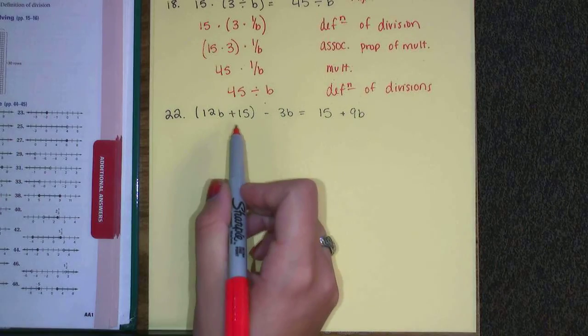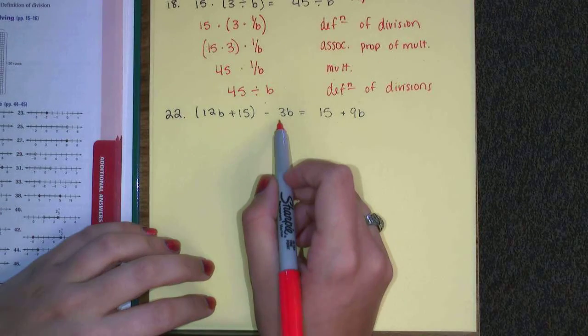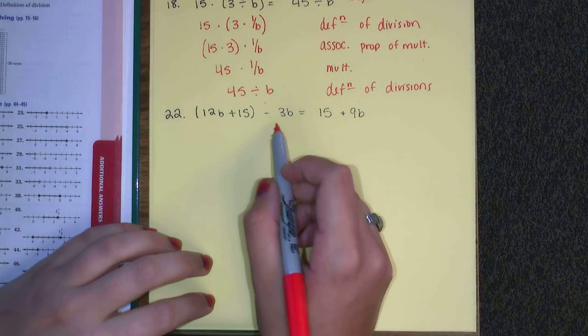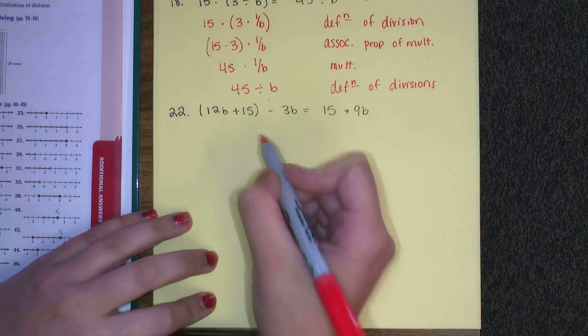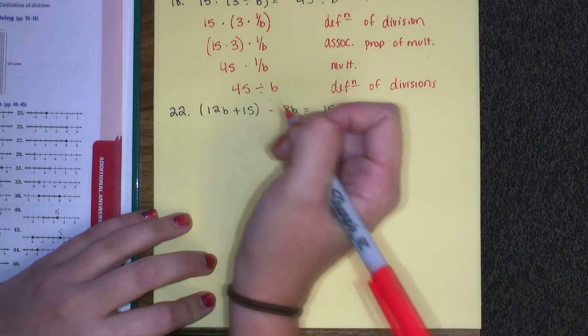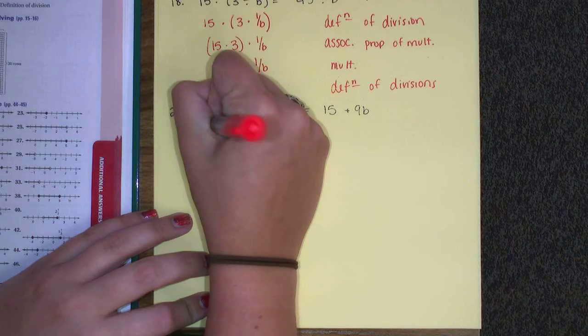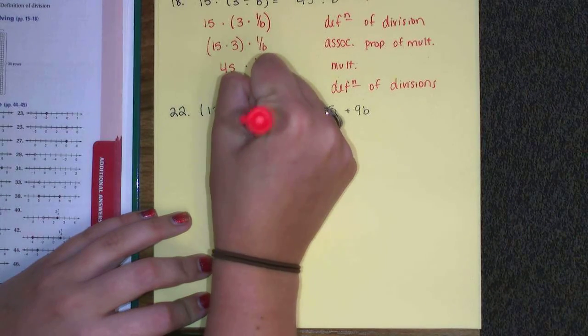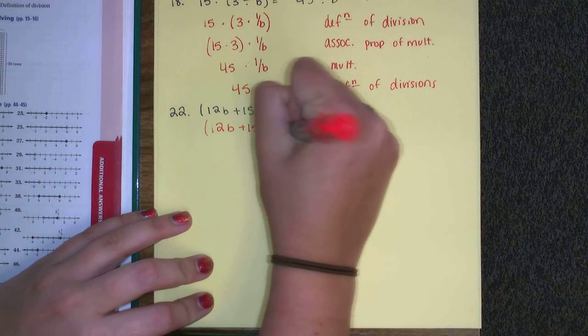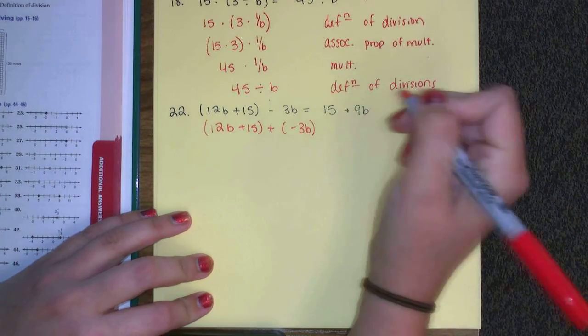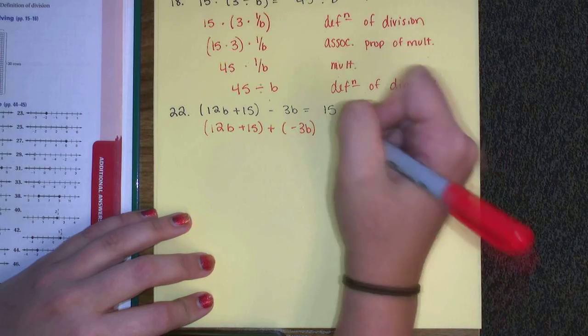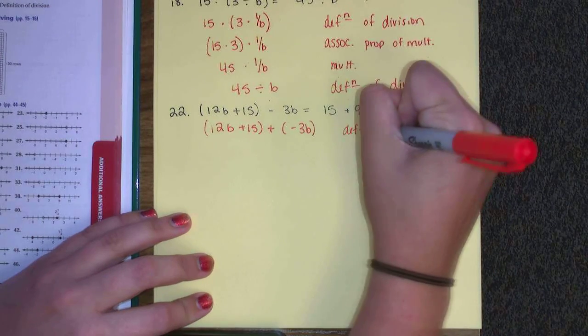What is the real thing that I'm doing if I'm subtracting? I'm adding the inverse. So I am going to rewrite this as 12b plus 15 plus negative 3b. And that's just the definition of subtraction.